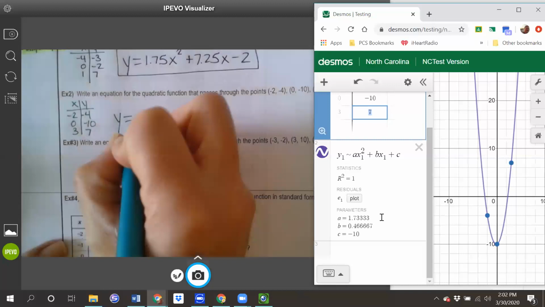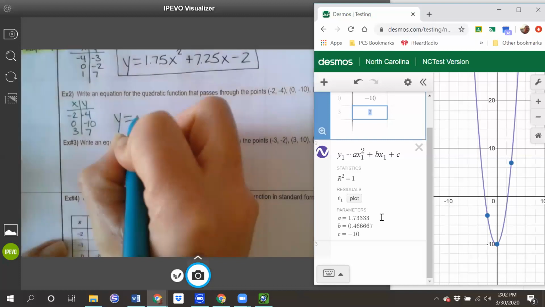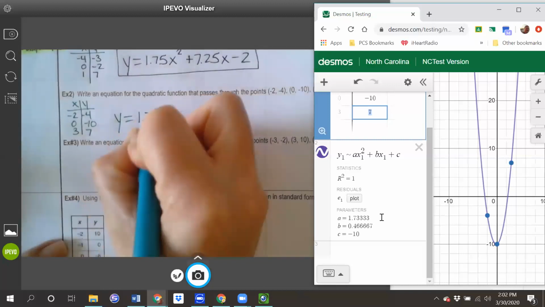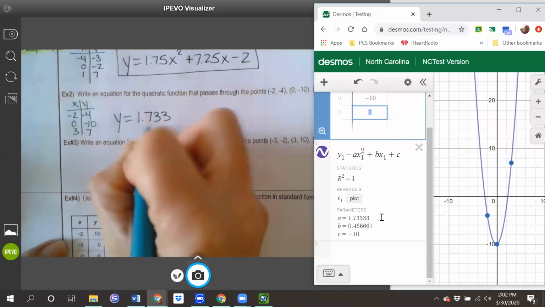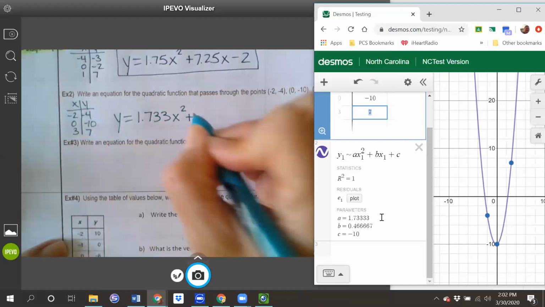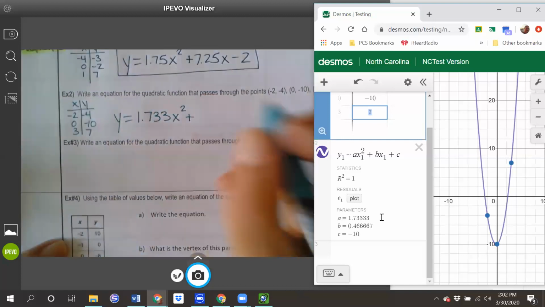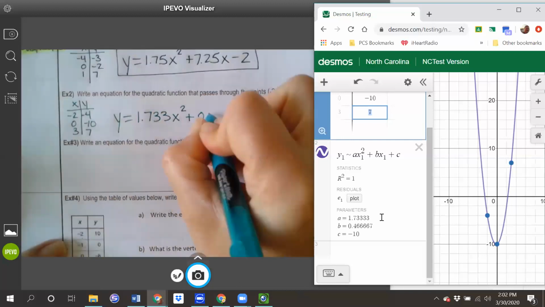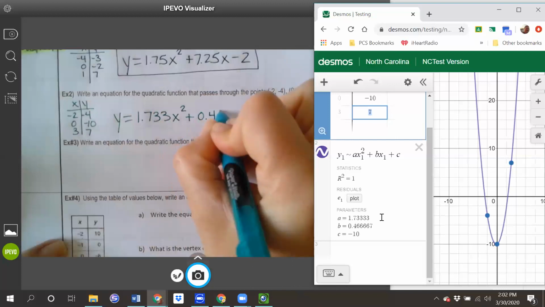So y equals A is 1.733, that's my 3 decimal places, x squared, plus B, which is 0.46666.